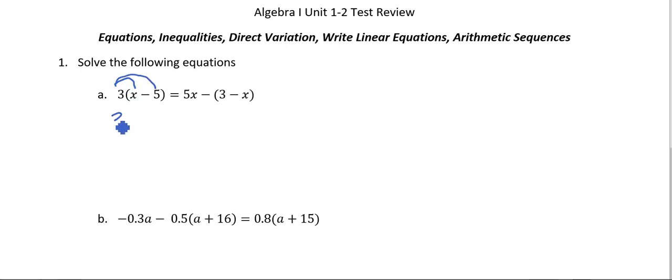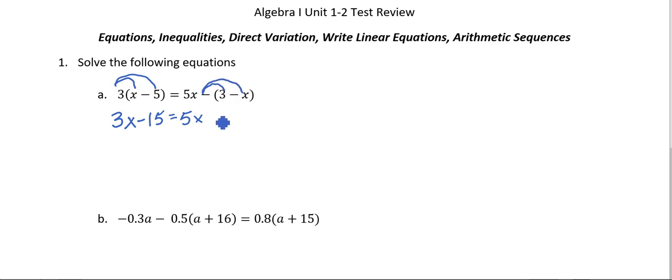So I'll have 3x. 3 times minus 5, or negative 5, would be negative 15. So 3x minus 15 equals 5x, and it's minus 3 minus x. So I want the opposite of 3 and I want the opposite of x.